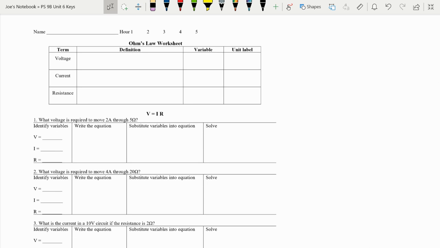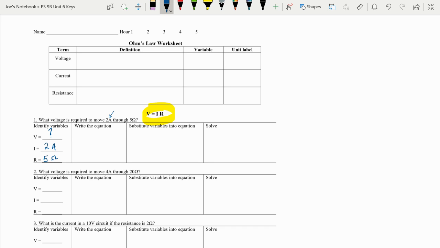The first one here: what voltage was required to move 2 amps through 5 ohms using Ohm's law? We can figure this one out pretty easily. We are looking for our voltage. Our current of 2 amps goes right here, and our resistance is 5 ohms.